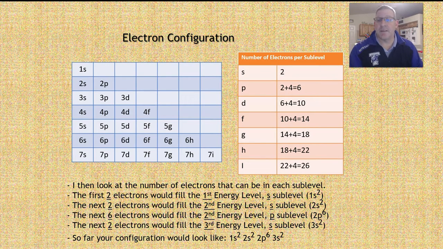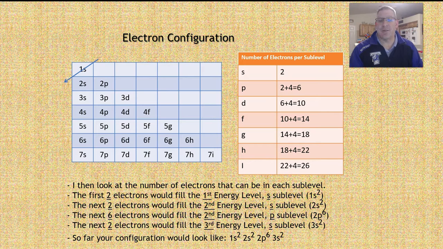In order to find it, I must first start with the very first energy level, or the lowest energy state. And that first energy level can hold 2 electrons, and it will fill the S sublevel. We would write that as 1s2, that first number being the energy level, the S being the sublevel, and the 2 being the number of electrons within that energy level.